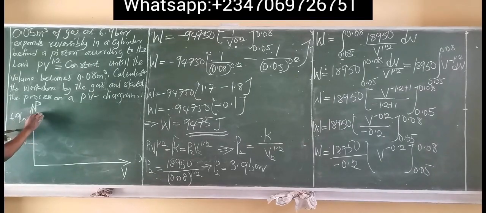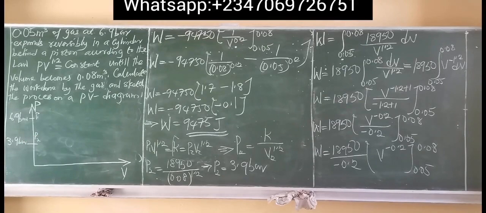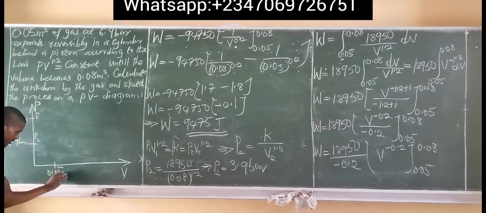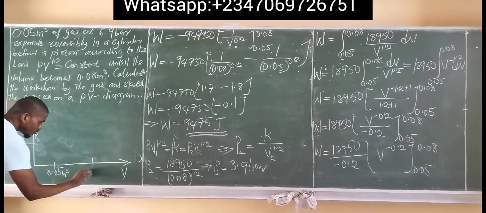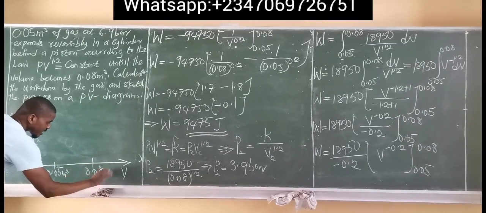So this is P1, this is P2. Again, the initial volume is 0.05 and final volume is 0.08. So 0.05 is quite lower. So we'll have V1 here, 0.05 meter cube, and we have V2, 0.08 meter cube.